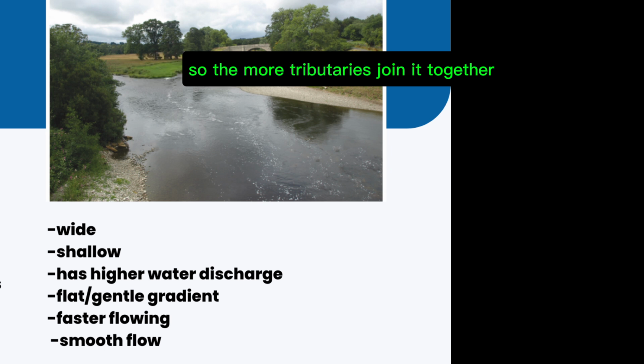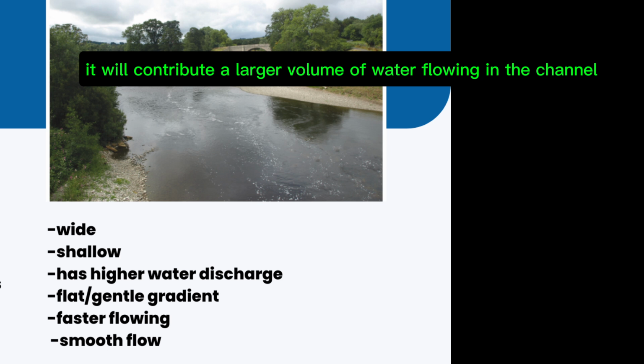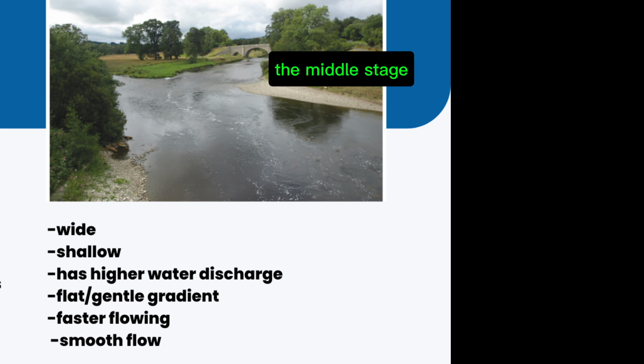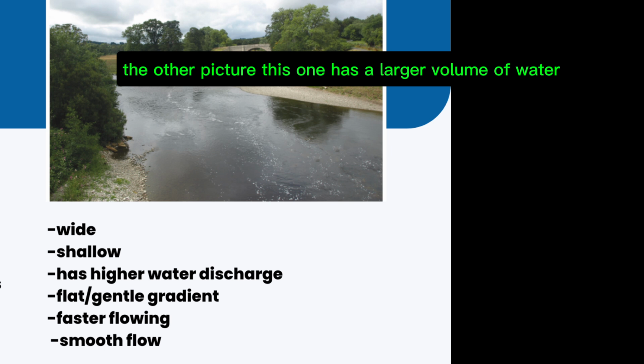The more tributaries join it, the larger the volume of water flowing in the channel. And also the river drains a larger area by this stage, the middle stage, so it further enhances the discharge levels. Comparing with 4.2, the other picture, this one has a larger volume of water.